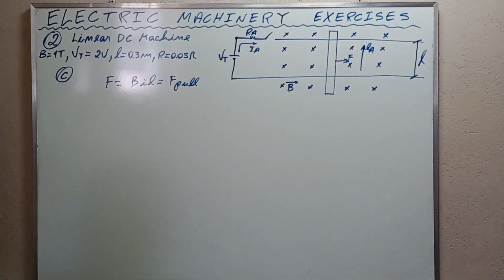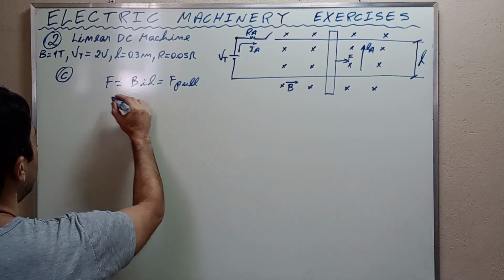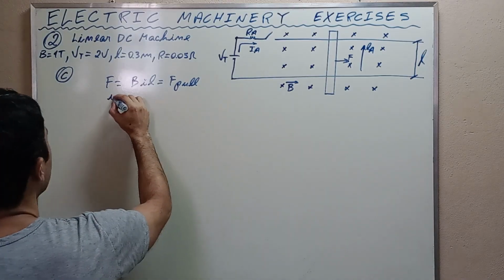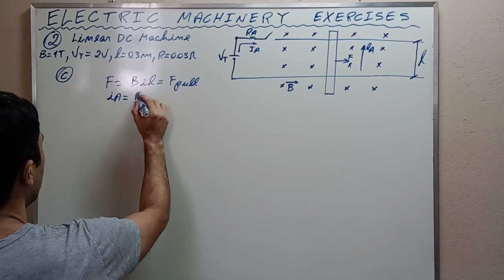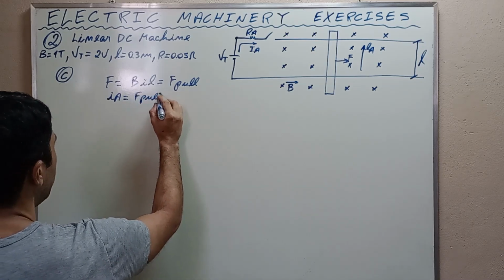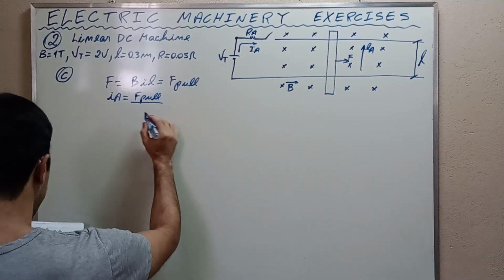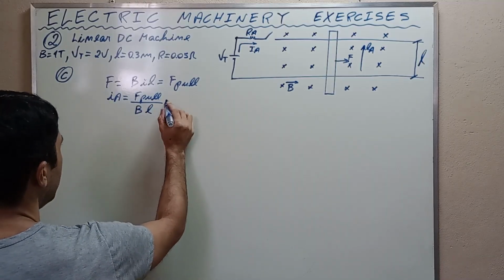Alright, solving for the current, we have that IA is equal to F pull divided by BL.